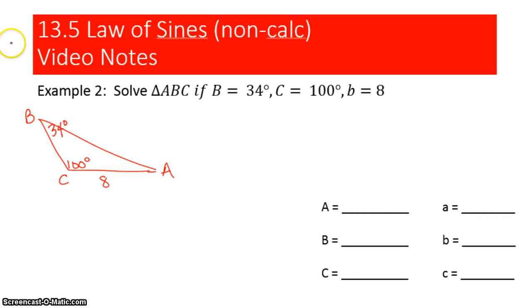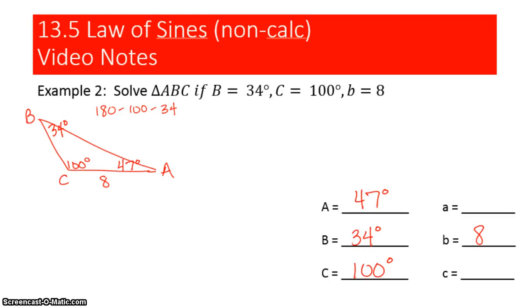We're going to go ahead and find angle A by doing 180 minus 100 minus 34. So angle A is 47 degrees. So we're going to fill those in, and we're going to fill in side B is 8. And then we're going to set up our law of sines.